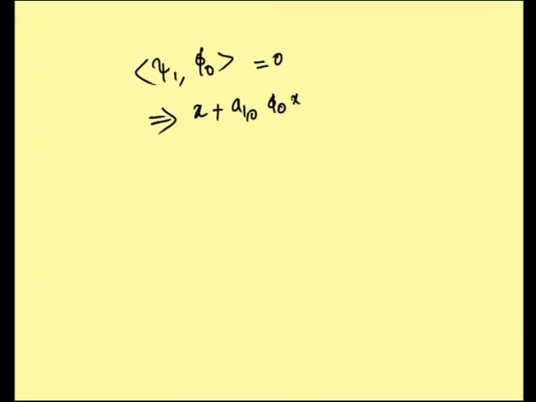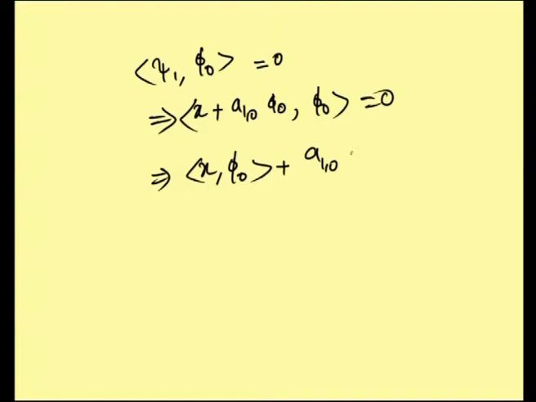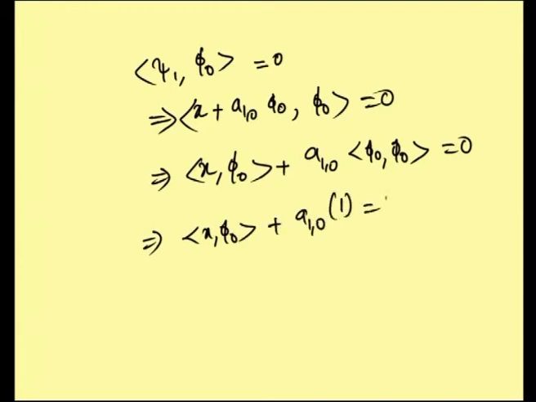Phi naught of x is simply written as phi naught for clarity. Phi naught means phi naught of x only, comma phi naught equals 0. This implies x comma phi naught plus a 1 comma 0, which is just a constant, times phi naught comma phi naught equals 0, and this implies x comma phi naught plus a 1 comma 0 into 1 equals 0, and we have a 1 comma 0 is equal to minus x comma phi naught.